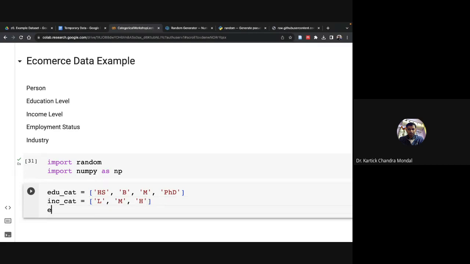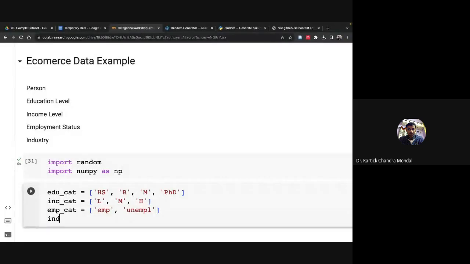And then the employment category. For the employment category, we will use employed, unemployed. Okay.